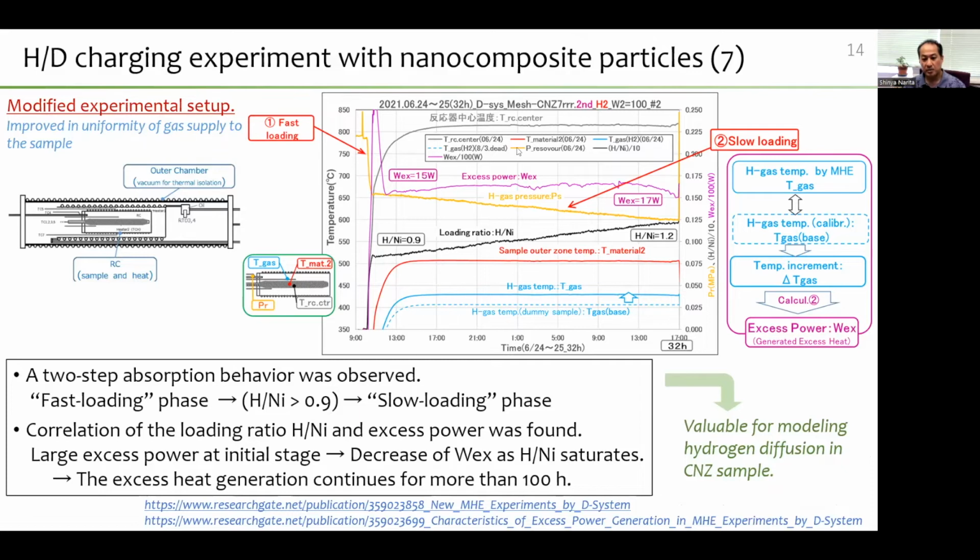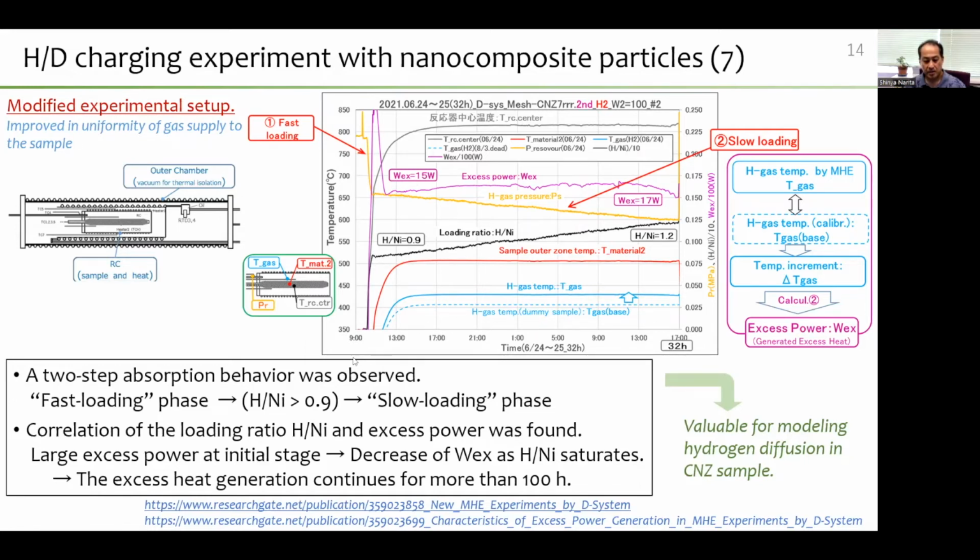These are the behavior of the temperature and pressure inside the chamber and loading ratio, here black parts, and excess power, this purple parts. At the beginning, gas loading occurred rapidly here. And after it reached 0.9, the increase of the loading ratio slowed down. And so now we found there are clearly two phases.